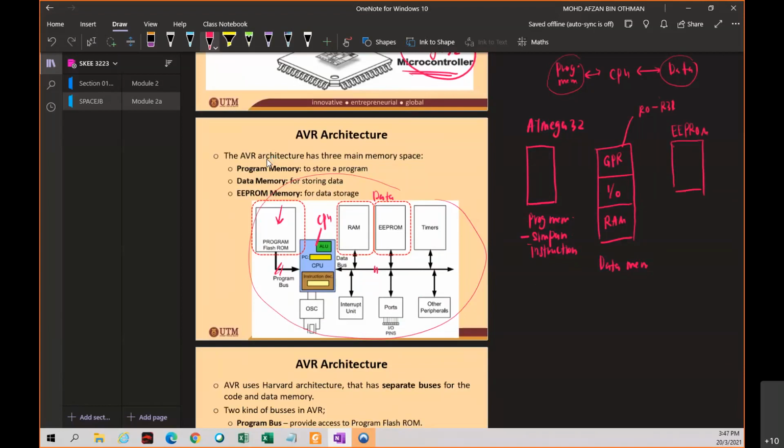What about the size? For program memory we have 32 KB, RAM 2 KB, and EEPROM 1 KB. We will look at this later. So this is the AVR architecture. You have a CPU in the middle, program memory, data memory, an EEPROM, and then these are the I/O peripherals.